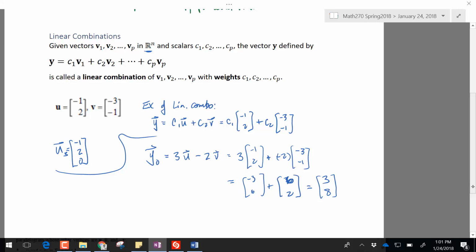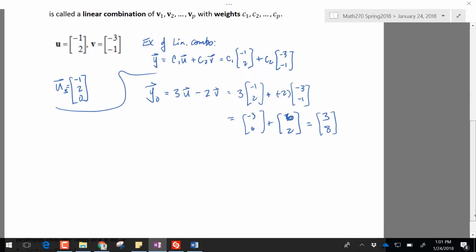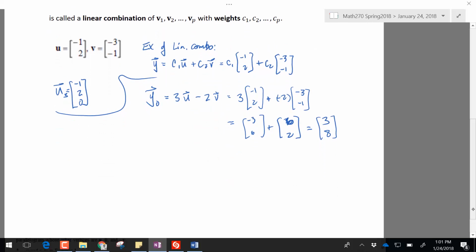So just to give you a preview, a more meaningful use for these linear combinations would be trying to figure out how they look in 2 and 3 dimensions, and then generalize. I put 3 and -2 for C1 and C2. What if I stay generic and just call it C1 and C2?